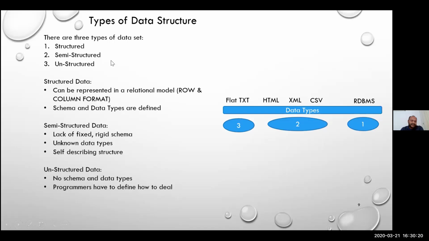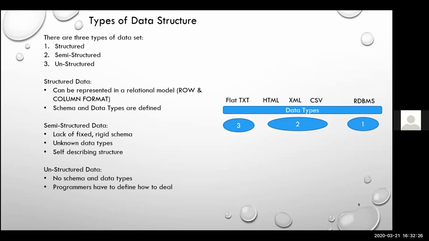In a standard way, we can say that there are 3 types of data: structured, semi-structured, and unstructured. So these are the types of data structures that we are discussing.